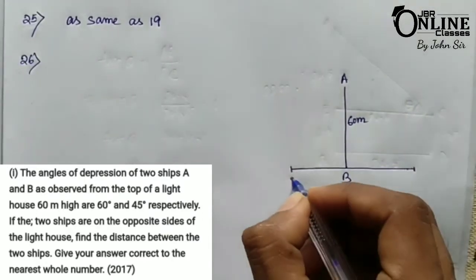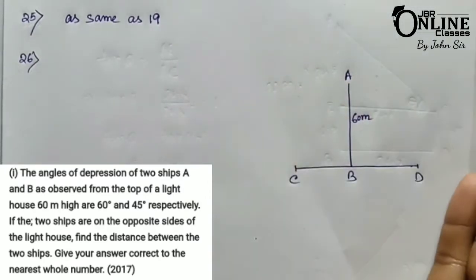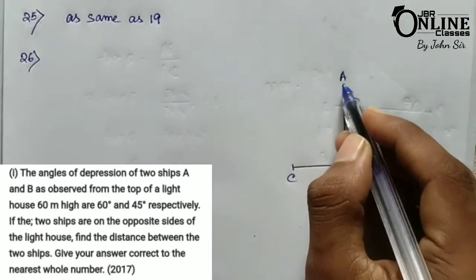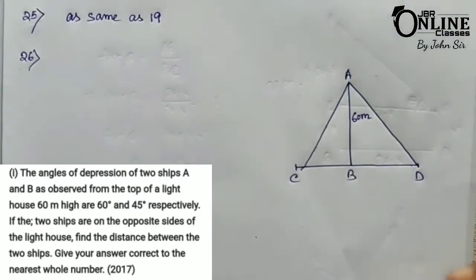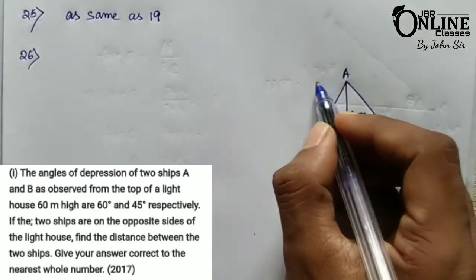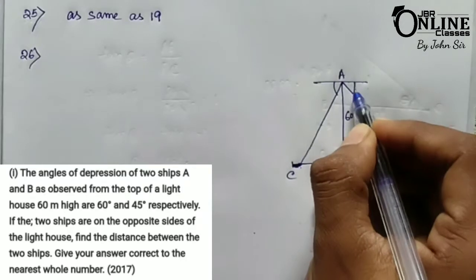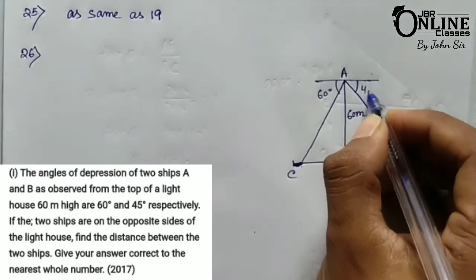So here C and D are the positions of the first and second ship, on opposite sides of the lighthouse. Now you have to draw the angle of depression. That point is C. So the angle of depression of the first one is 60 degree and the second one is 45 degree.